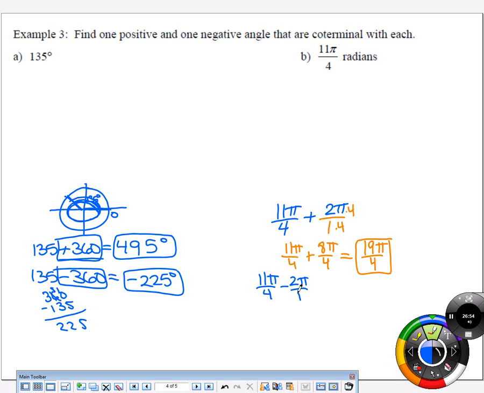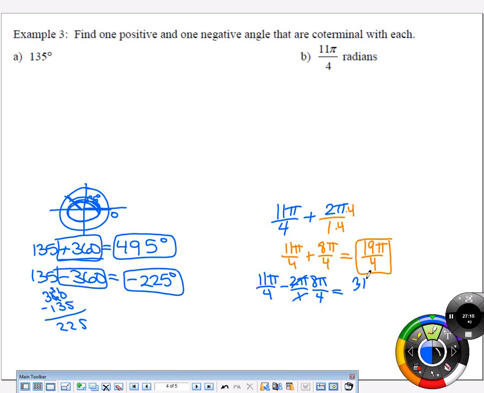Okay. And we just saw that to make 2 pi over 1, something with a denominator of 4, it becomes 8 pi over 4. So I can think about this as being 8 pi over 4. Okay. What is 11 pi over 4 minus 8 pi over 4? Good. 3 pi over 4.